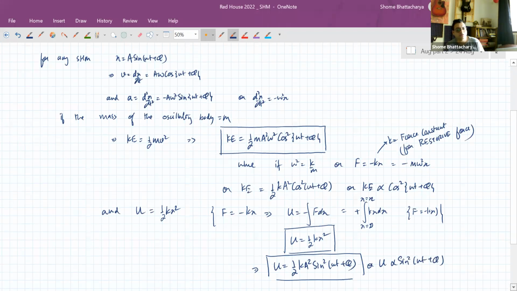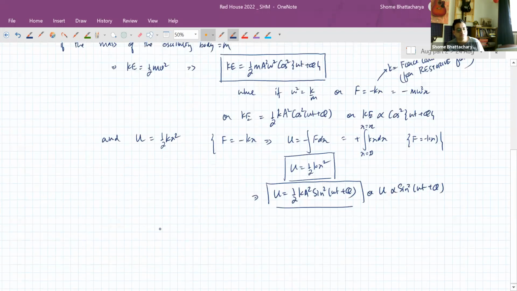So the first important thing here is that the oscillation energy, in other words the mechanical energy of oscillation, is the sum of kinetic energy plus potential energy.